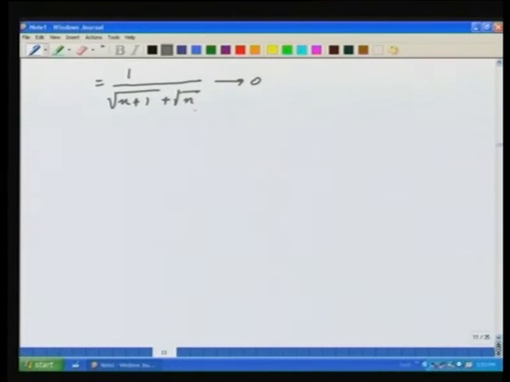What does this show? It shows that this goes to 0, because the denominator converges to infinity and I am looking at something like 1 by infinity.